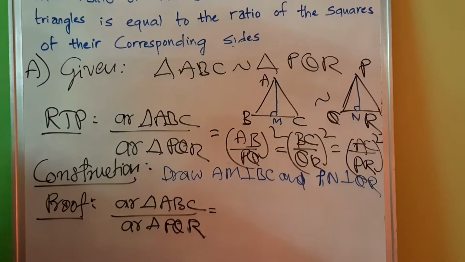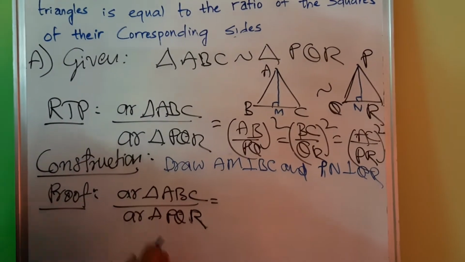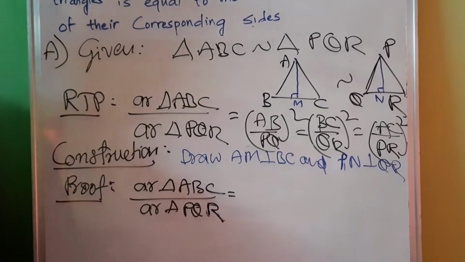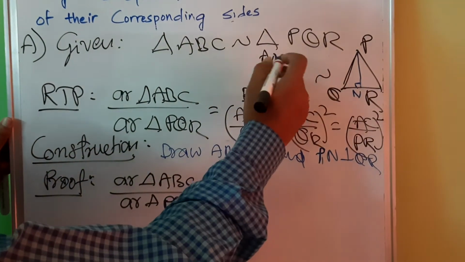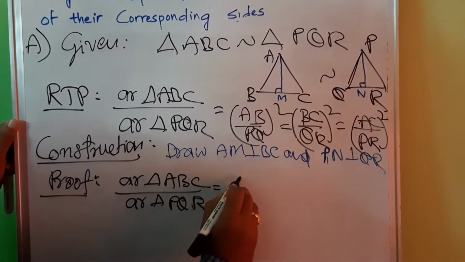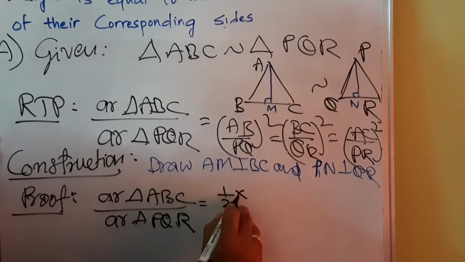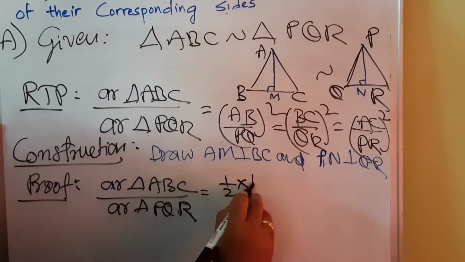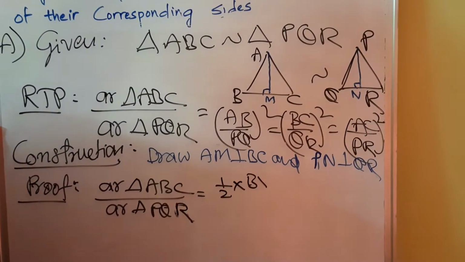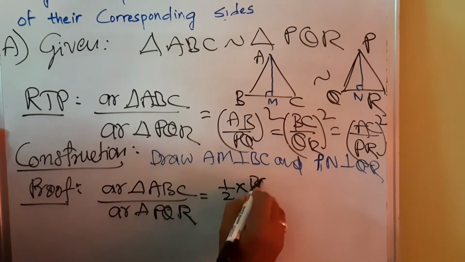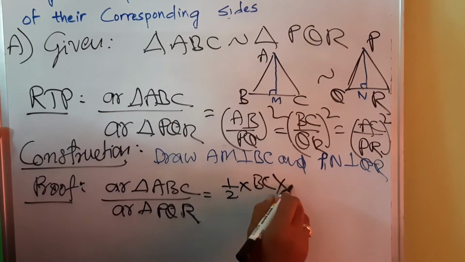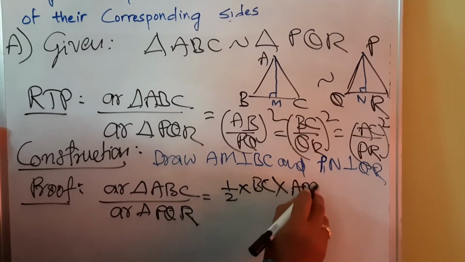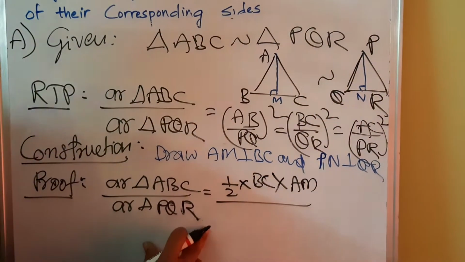Do you know the area of a triangle? Yes, that is half base into height. That means the area of this triangle ABC is equal to half into BC, this is the base BC, into height. What is height? AM. So half into BC into AM, by area of triangle PQR.